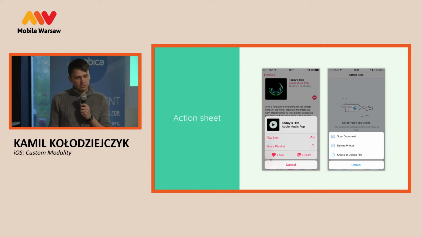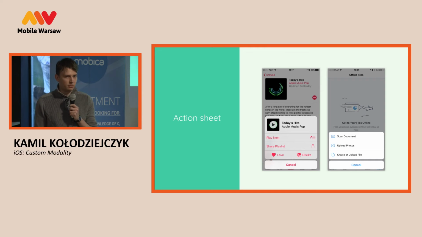So the design actually shows you the amount of attention that is required here. The most common picker is an action sheet. And I have two custom examples here. One is from Apple Music, which uses some additional graphics. And on the right side, we have an example from Dropbox that uses additional icons to make it easier for users to make a decision.